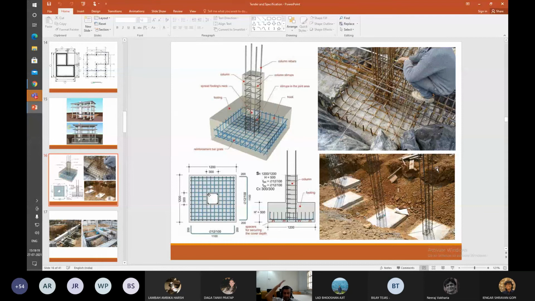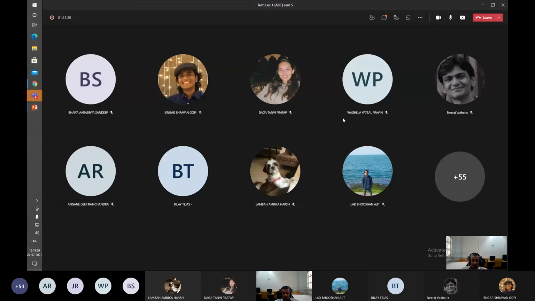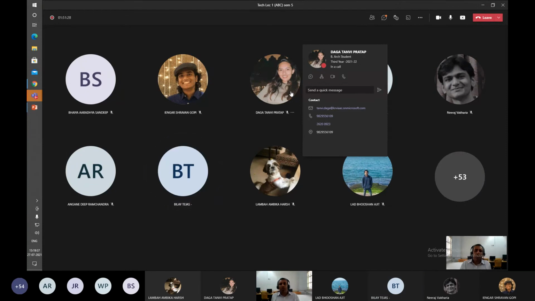Once the footing is made, something comes out which is called the stub column. It's not the entire column that comes out. It is the column that comes up only up to the plinth. Tanvi, can you tell me how would you give the description for the stub column?